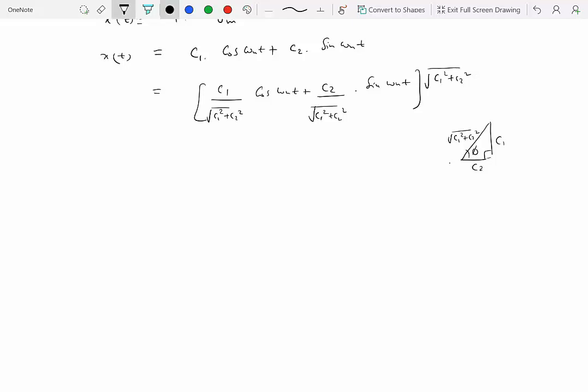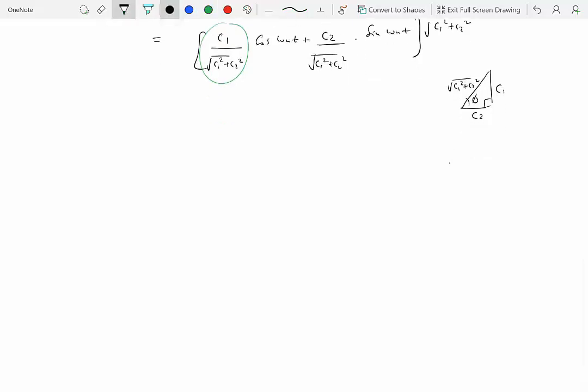So that means that this quantity over here is actually equal to sine phi, right? Sine phi equal to c1 over this. So this is equal to sine phi cosine omega n t plus, and this quantity over here is cosine phi, so this is cosine phi sine omega n t. Notice omega n t is the argument for the sine and cosine function, right? Times, and this quantity I will write as x m.